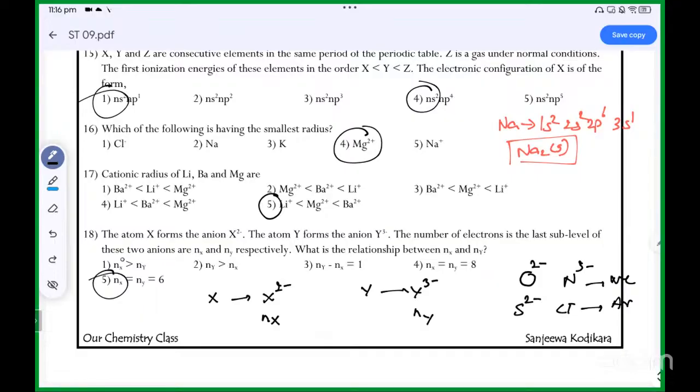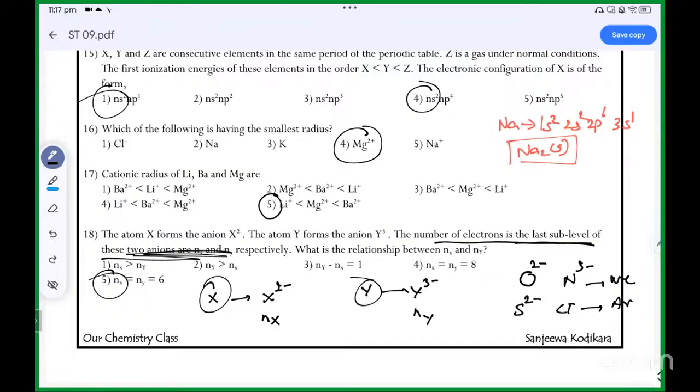See, the electrons in the last sublevel of these two anions. So the anions are having the same number of electrons. If we had been asked about the electronic configuration of X and Y, then definitely Y is having fewer electrons than X because Y has taken more electrons.